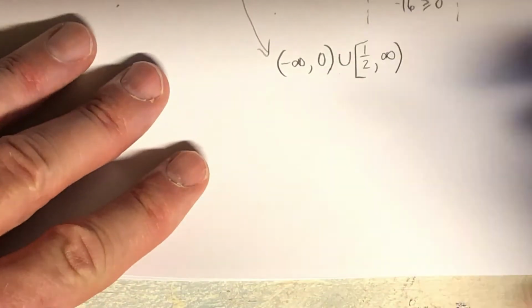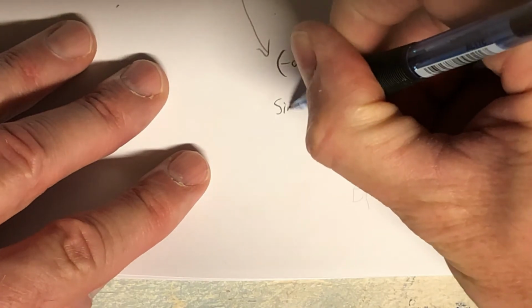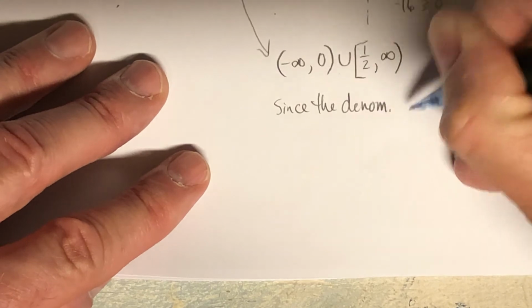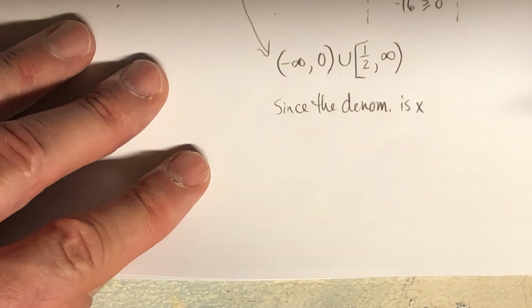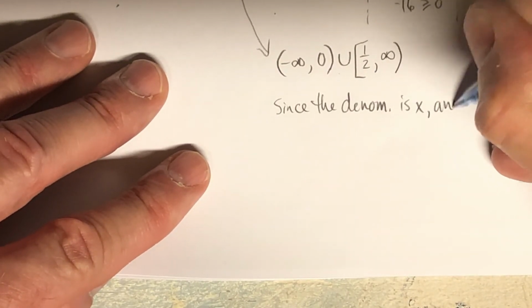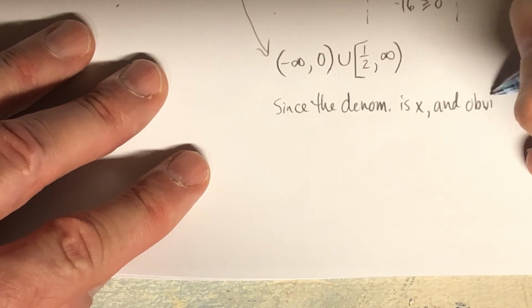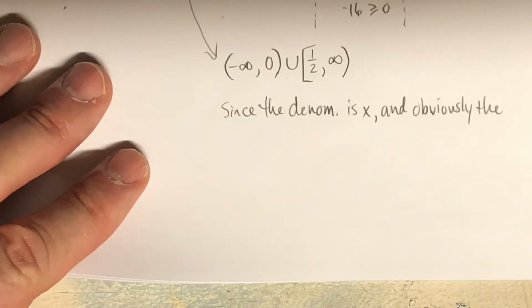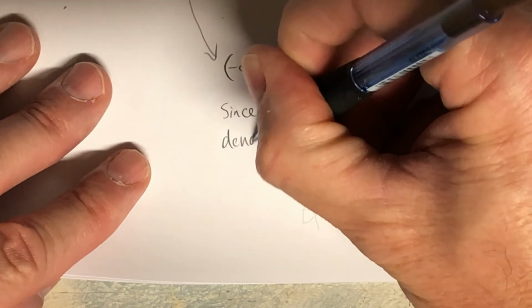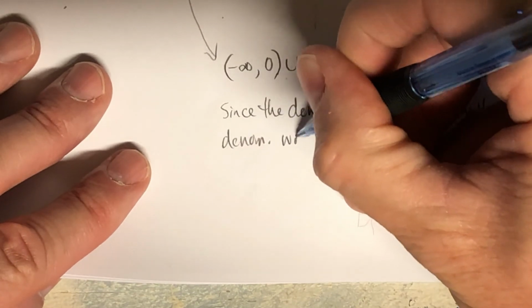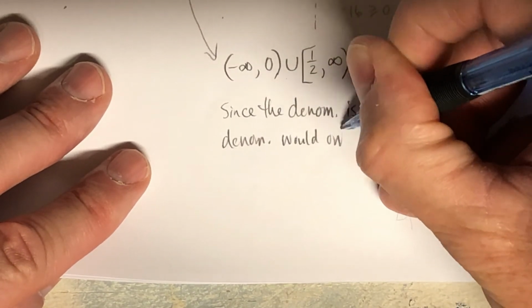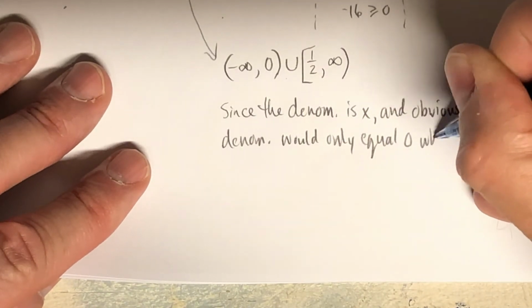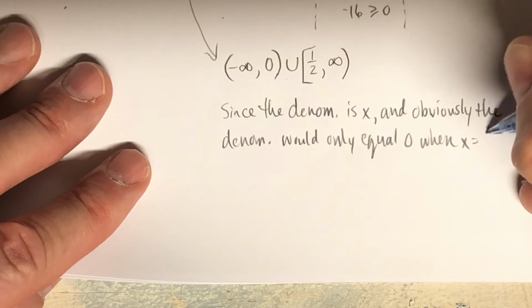Okay, so since the denominator is x, obviously the denominator would only equal 0 when you plug in x equal to 0.